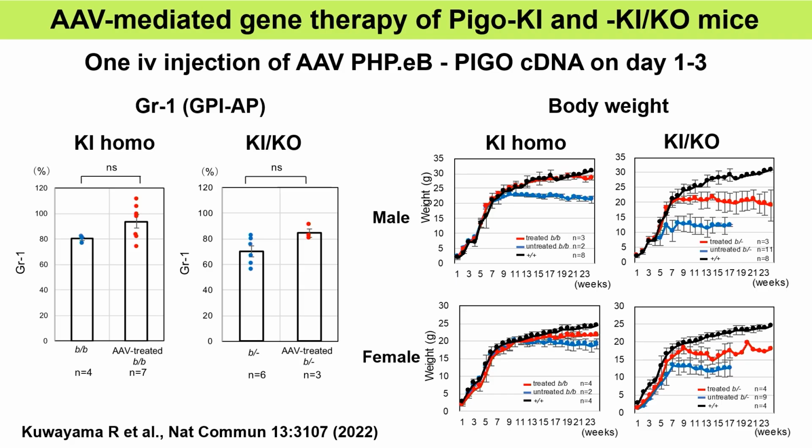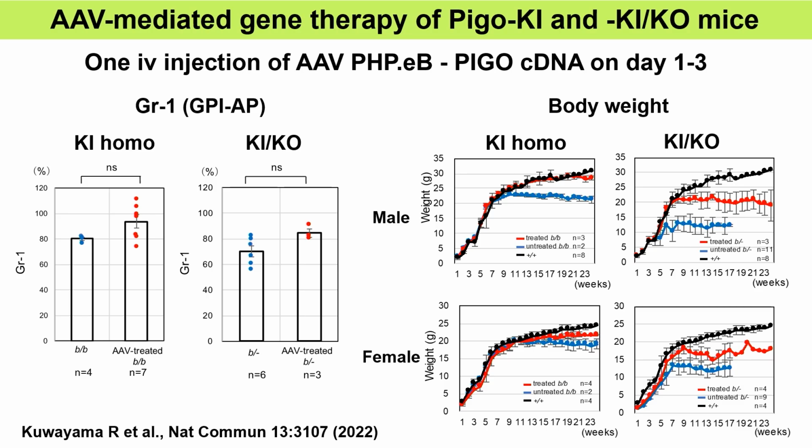So the IV injection delivers the cDNA into the brain. On the left side, it shows the recovery of the GPI-anchored protein 1 month after injection. The recovery is mild, and the increase is not statistically significant, but still the clinical efficacy is quite strong.